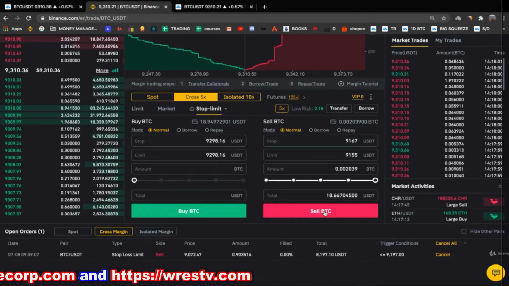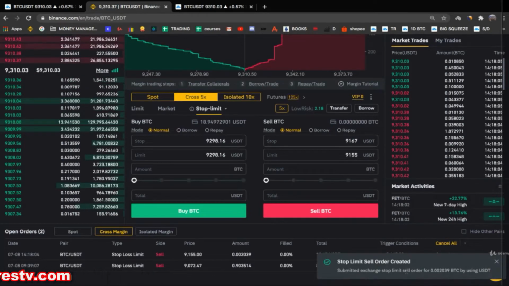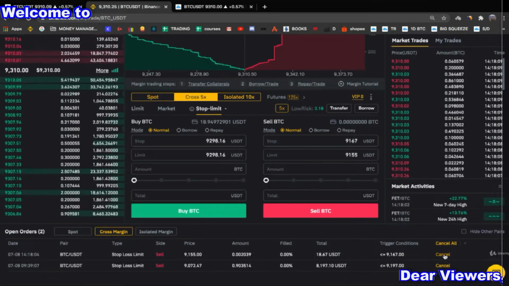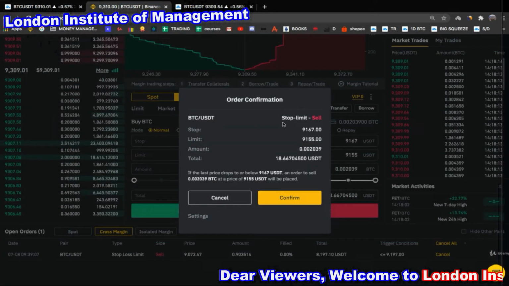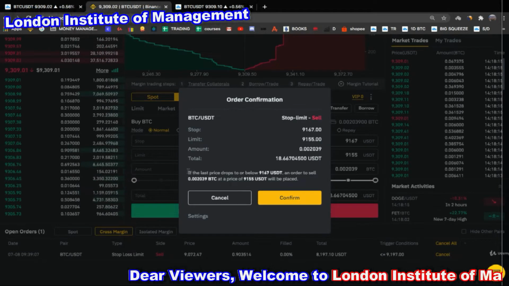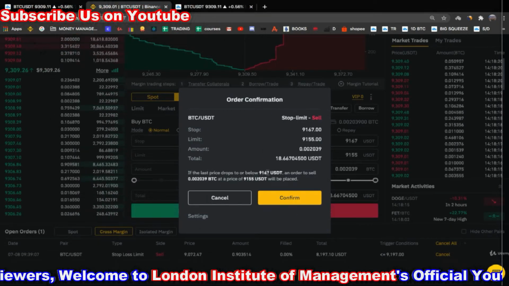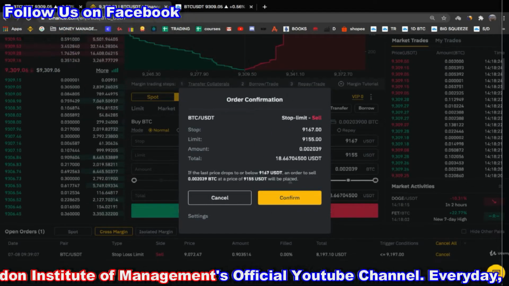Once you are ready to set this, let me cancel it and show you again, because I should have showed you. Okay, let's set the Bitcoin again and show you what's going on here. So here is the explanation. If the last price drops to or below 9,167, an order to sell our amount of Bitcoin at the limit price will be placed.